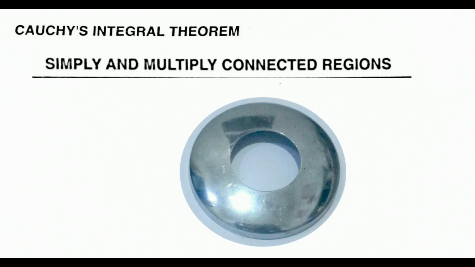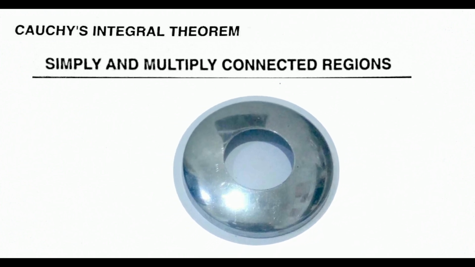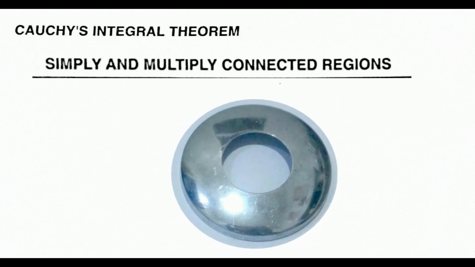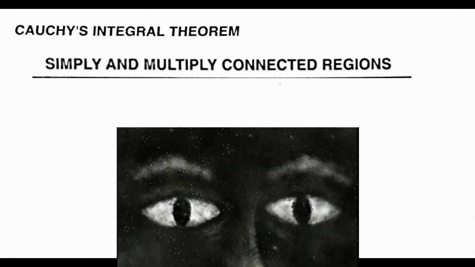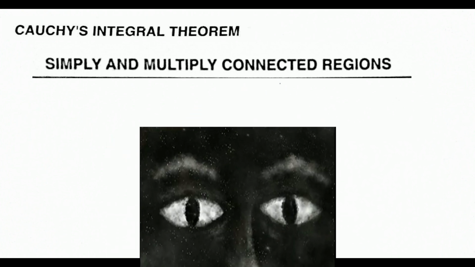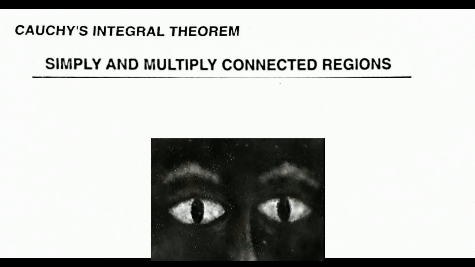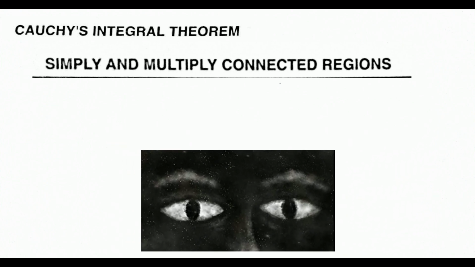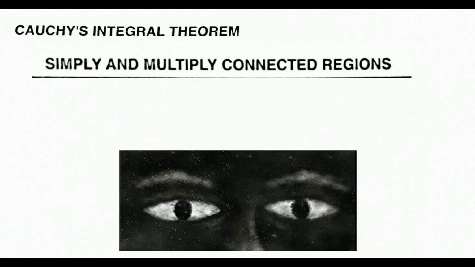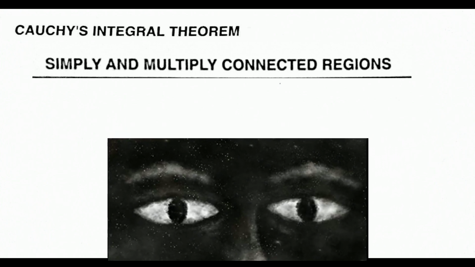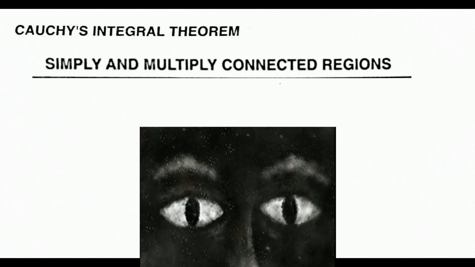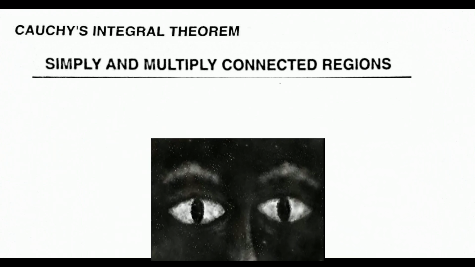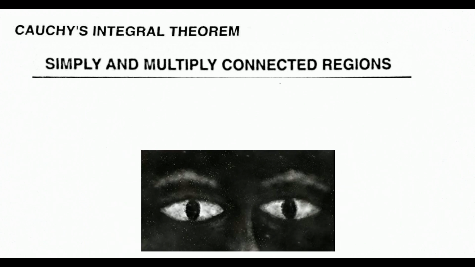And a very good example is this silver color plate. I can give you a very awkward example of a multiply connected region. If you take two black eyes over your face, this is again an example of a multiply connected region.